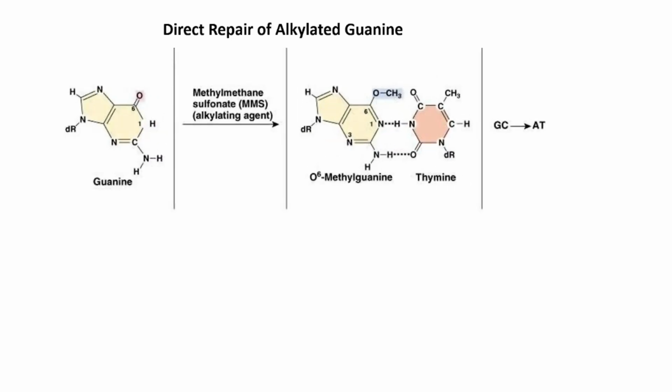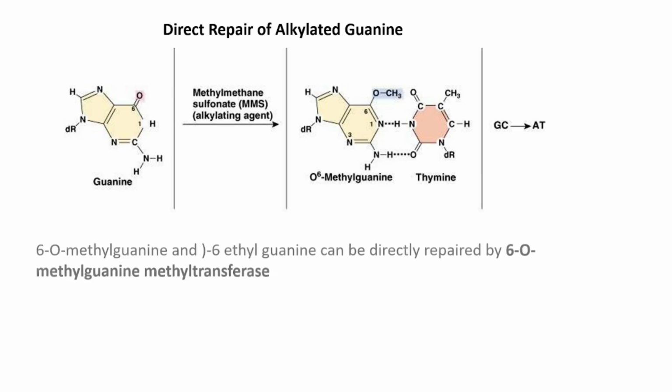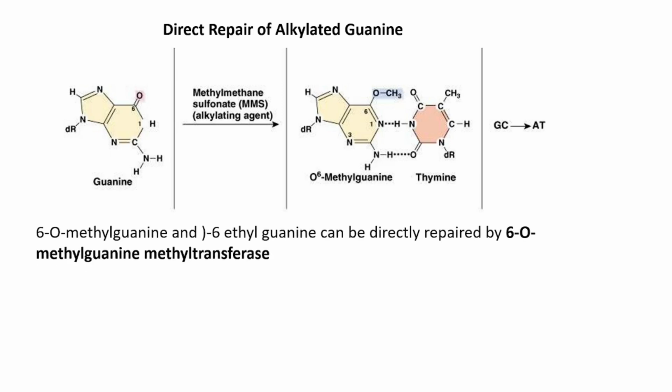of alkylated guanine. If you remember from our module on chemical mutagens, the guanine is alkylated at O6 by alkylating agents like ethyl methane sulfonate and methyl methane sulfonate. An enzyme called O6 alkyl guanine DNA alkyl transferase is responsible for the repair of O6 alkyl guanine.